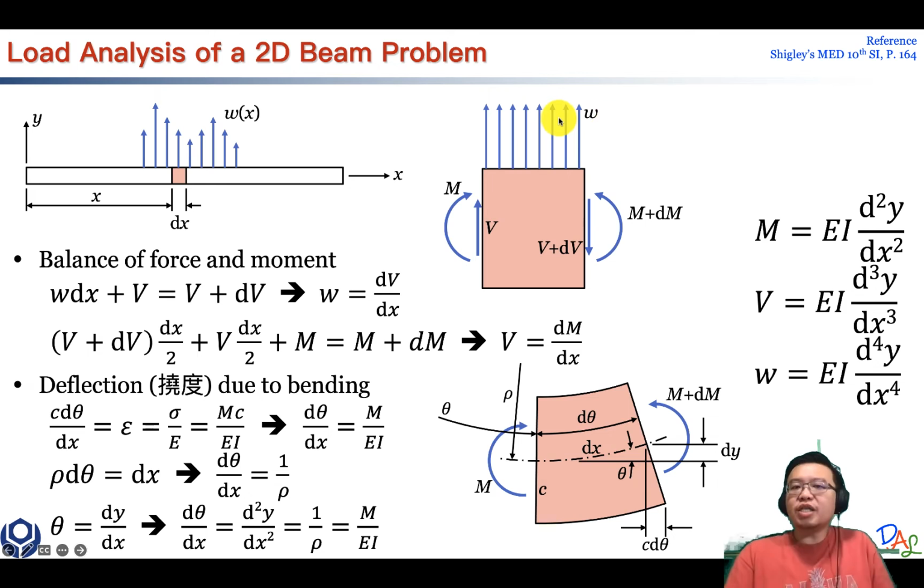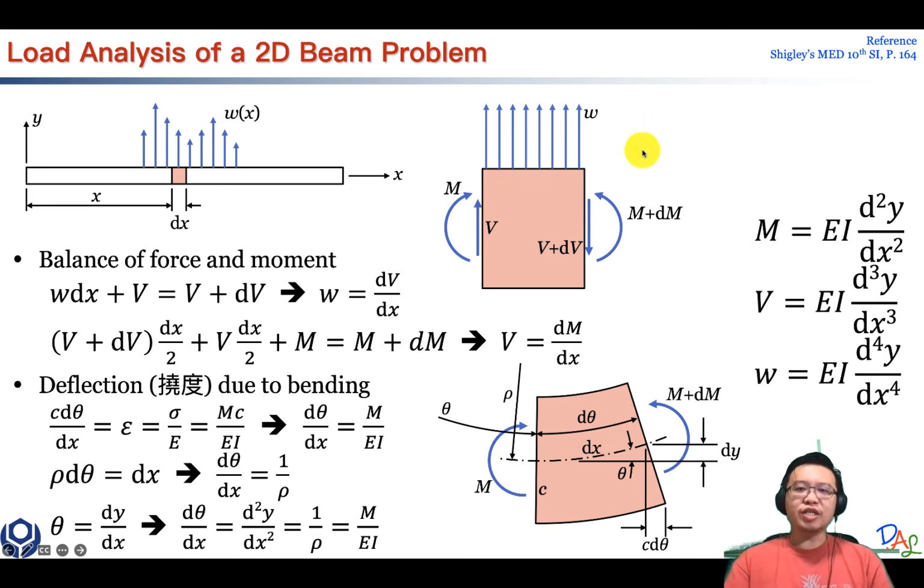How about W? Is it generating any moment? Yes and no, because it's on the left hand side. Sorry, I said it wrong. The left hand side portion is making a clockwise moment, and the right hand side one is making a counterclockwise moment, and they are the same, so they balance out.